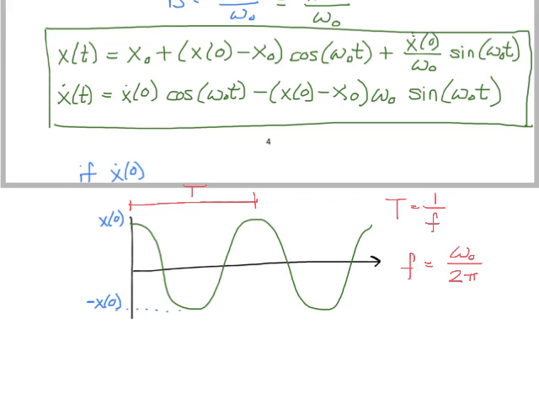And the reason why this solution is important is because the form that we started out with, x double dot is equal to some constant, I'll just say a big C, multiplied by the position, shows up very frequently in dynamics.